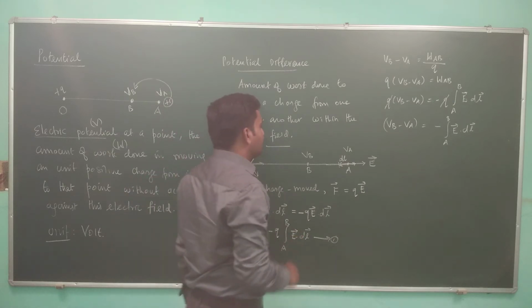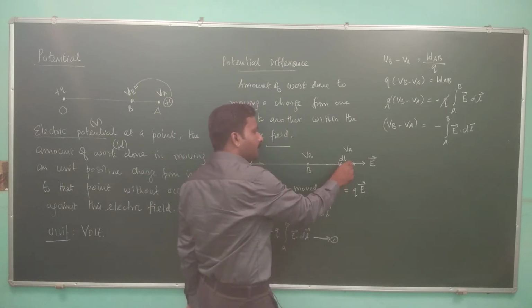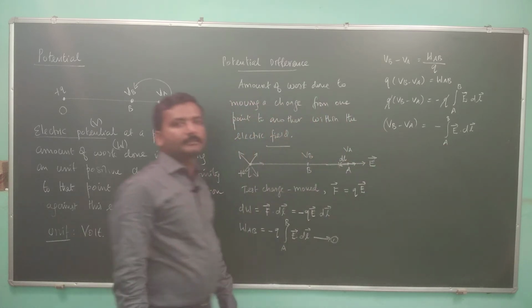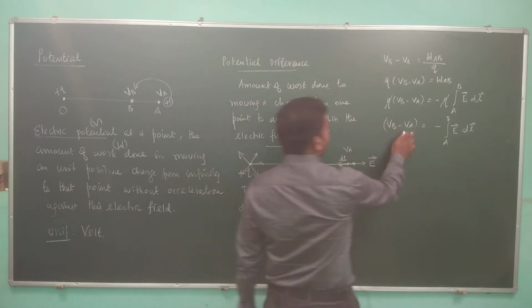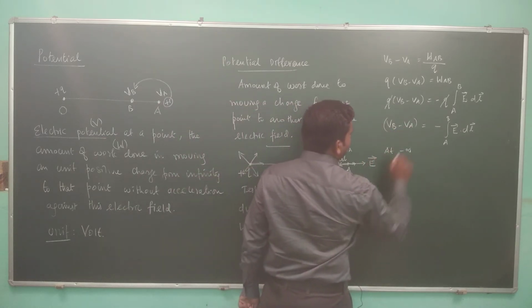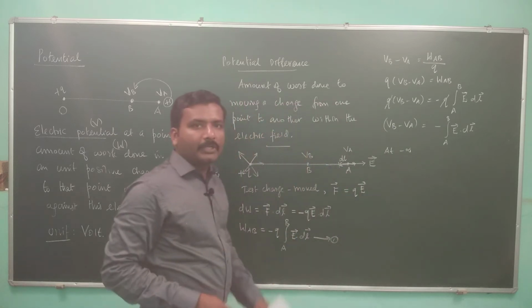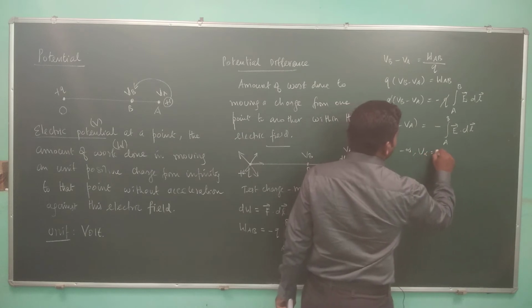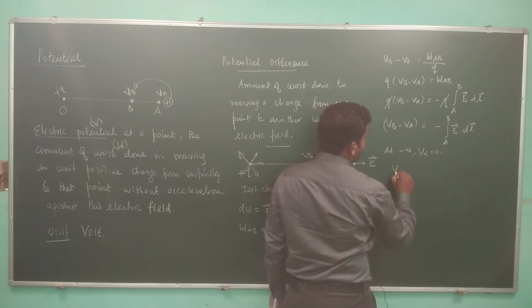Suppose instead of bringing a particle from A, I bring a particle from infinity. The potential at infinity will be 0, so V at infinity is 0.